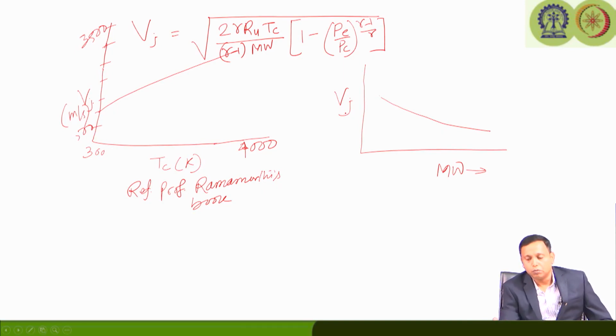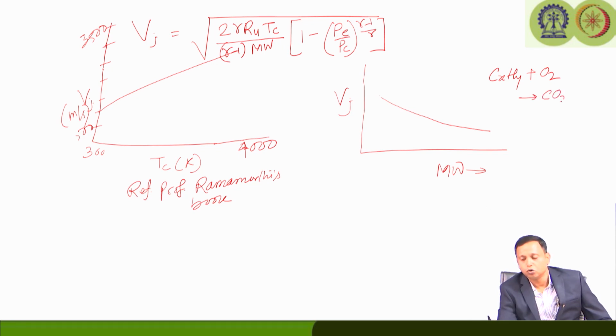So on many occasions, a slightly fuel rich mixture is used in order to take advantage of the lower molecular weight of the products. You can take a quick example: if you burn some hydrocarbon CxHy plus O2, with complete combustion it is going to give you CO2 plus H2O. I am not balancing the equation, just to give you a glimpse of it.